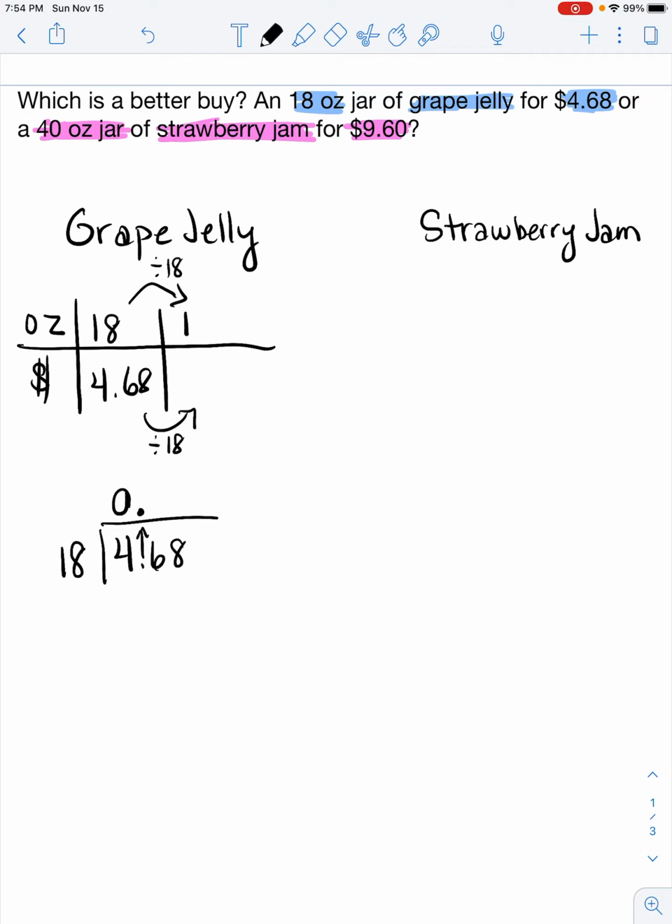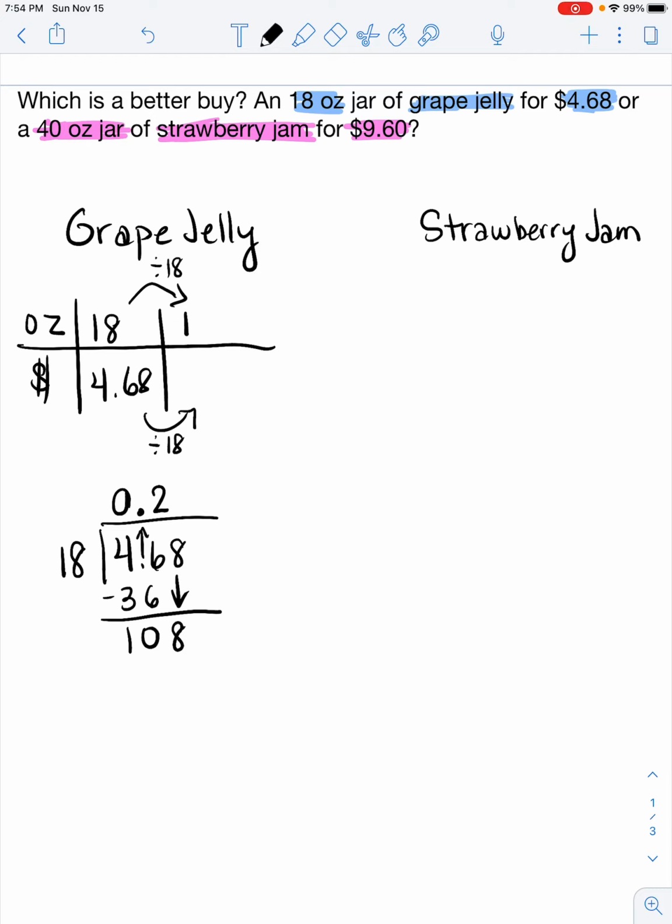Okay? So now I have 18 goes into 46 how many times? Well, I don't know, but I know that 2 times 18 is 36. So let me put a 2, and that would be 36. And I'm going to subtract. Well, 18 doesn't go into 10, so I'm going to have to bring down the 8. Now, how many times does 18 go into 108? Well, let me think about that.